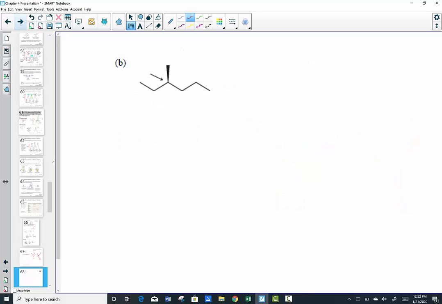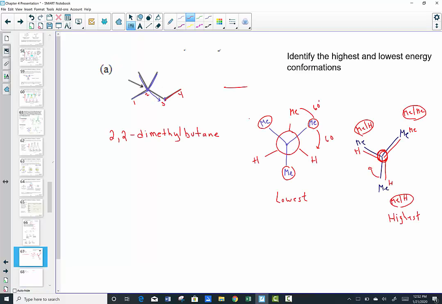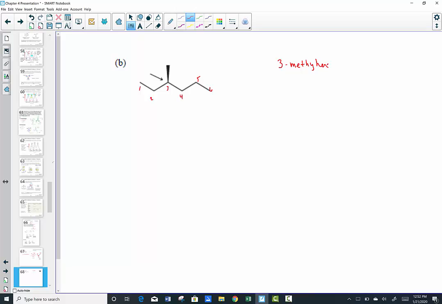If we look at this compound, again, just another homework practice. I'll do as many as I have on my paper. Hang with me if you'd like more practice. Here I have a 3-methylhexane. And we're being asked to look between carbon 3 and carbon 4. Carbon 3 has a methyl group coming up.